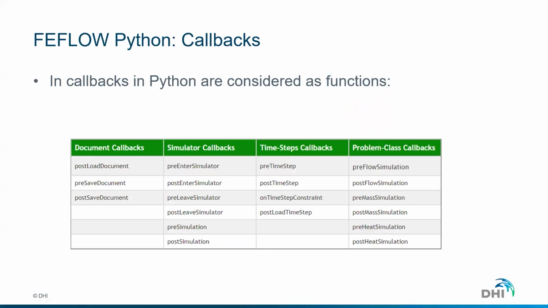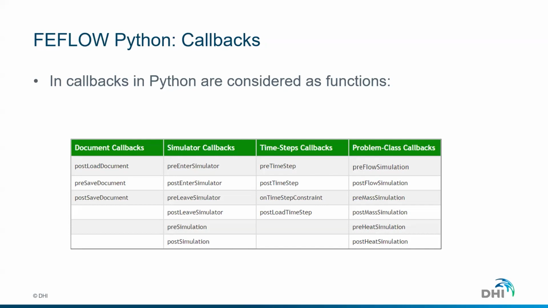When you run the model, sometimes you would like to interact with the simulator during the run. So if you want to change parameters dynamically based on certain conditions, you can set parameters before the flow equations are solved, if you are talking about hydraulic parameters.